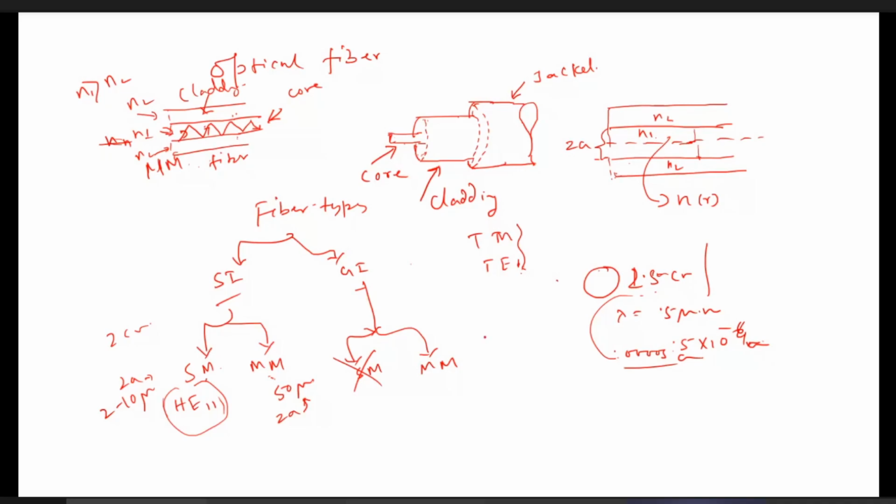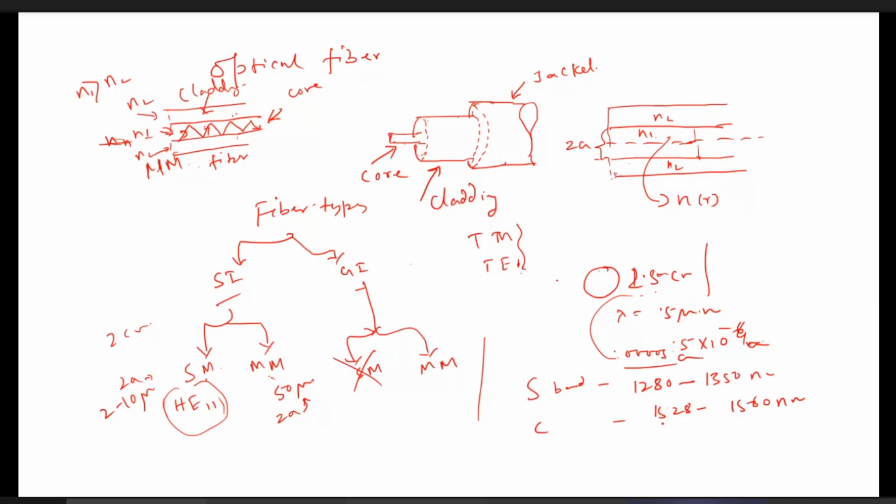And in this connection, you should know a little bit about the bands. Generally, there are 3 bands. S band, the short wavelength band, is the wavelength range 1280 to 1350 nanometers, right? And C band is 1528 to 1560 nanometers, or 1.2 microns, 1.5 microns, like this.